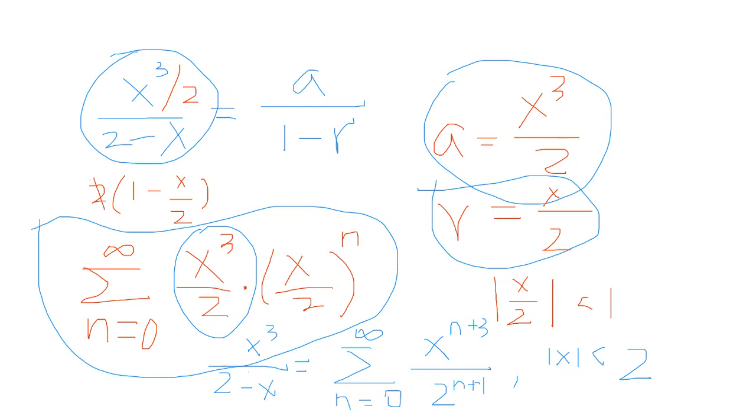Okay. So the rational function x cubed divided by 2 minus x can be represented as an infinite series with x raised to n plus 3 divided by 2 raised to n plus 1, starting from n equals 0 up to infinity, with absolute value of x less than 2.